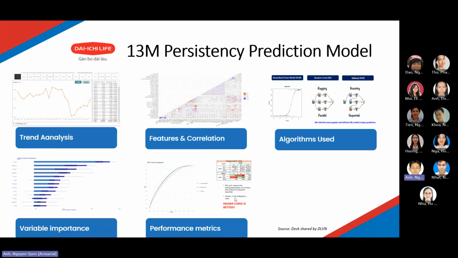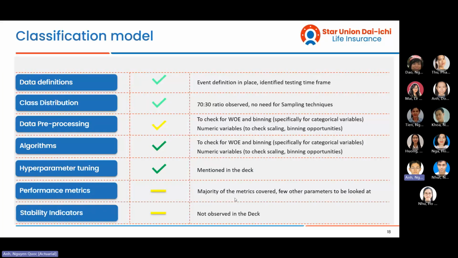I think data definitions were in place. T plus 60 is the data definition that you have considered. What we do in India in this definition is to have business input also considered.